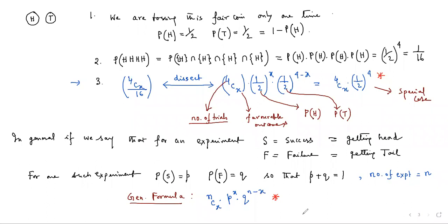And we are considering this constraint that p plus q equal to 1, and x is taking values from 0, 1, 2, up to n, where x equal to 0 means no success, and x equal to n means all successes.